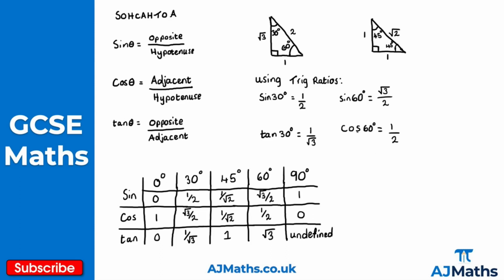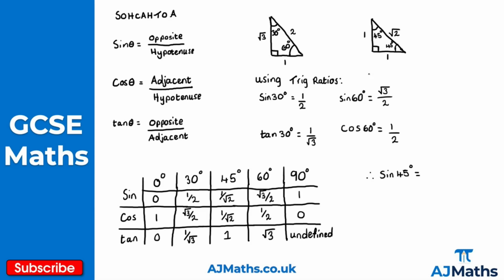Okay. And from here, we can derive the values for 45 degrees. So for example, using this triangle, say sine of 45 degrees. Obviously it doesn't matter which of these two angles we choose as our 45 degrees, they're both 45 degrees, so it really doesn't matter.